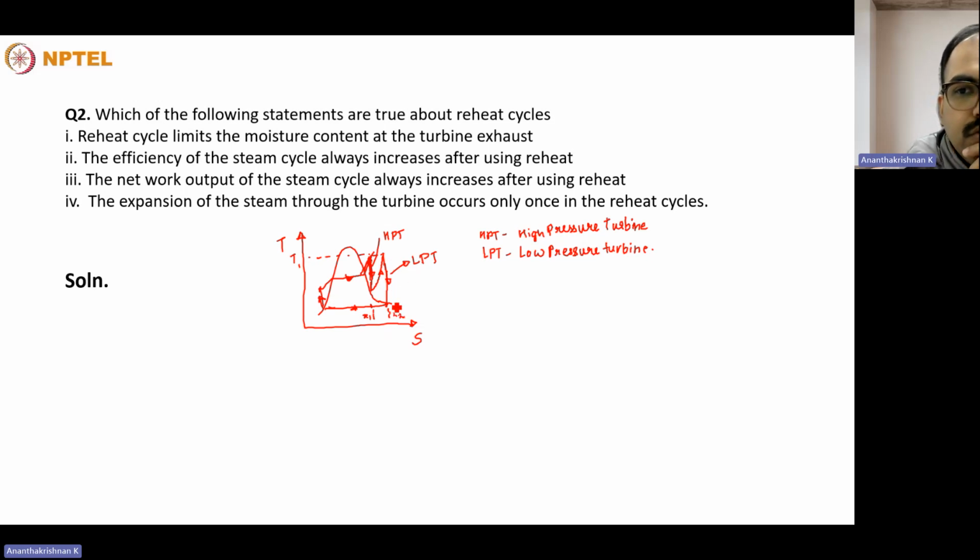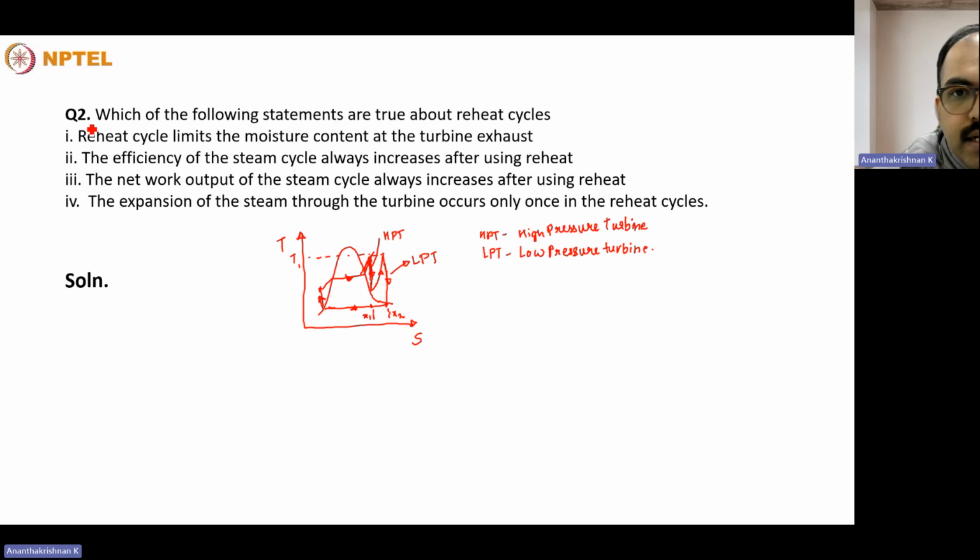Because of this expansion in the low pressure turbine after reheating, it will reach a higher point, a point having a higher dryness fraction, or quality of the steam, x2. That means that it will be having a higher vapor content compared to the case of x1. So this is right. The reheat cycle limits the moisture content at the turbine exhaust.